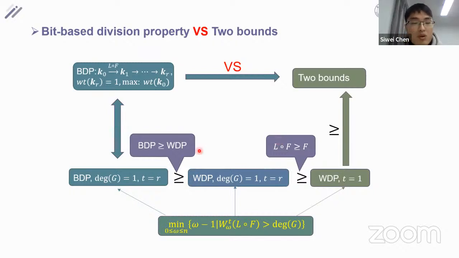So model 1 is more accurate than model 2, and model 2 is more accurate than model 3. As a result, we have the conclusion that the BDP method is more accurate than the two bounds.